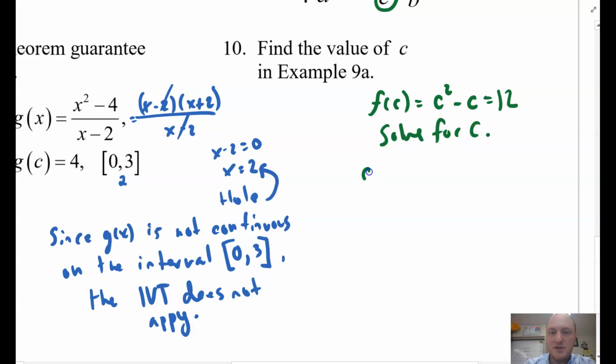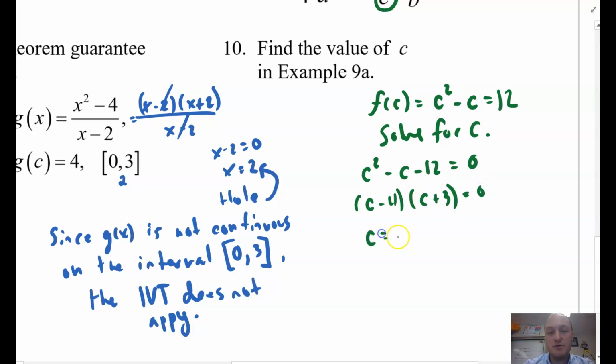When I solve for c, we get c squared minus c minus 12 is equal to 0. We'll factor. I keep wanting to write x, but it's not x, it's c. So c minus 4 times c plus 3 is equal to 0, producing two c value solutions. c is either 4 or c is equal to negative 3.